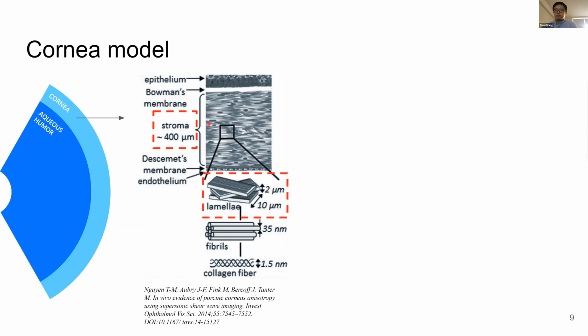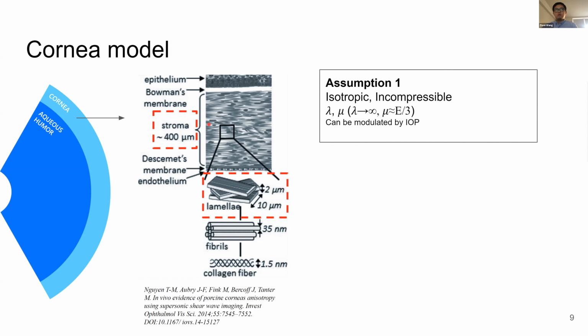So our first assumption is that the cornea can be modeled as an isotropic and incompressible material with only one parameter to be determined.